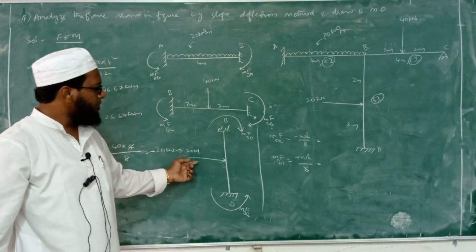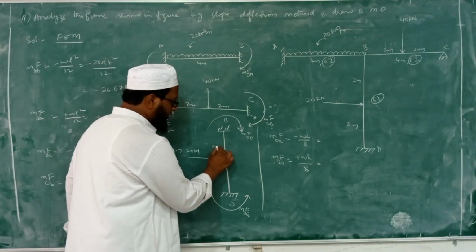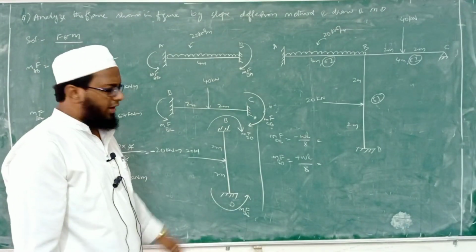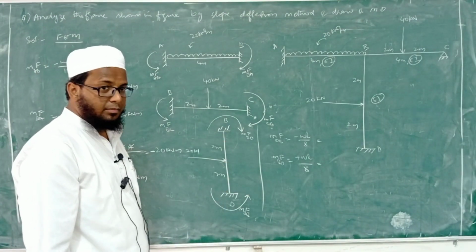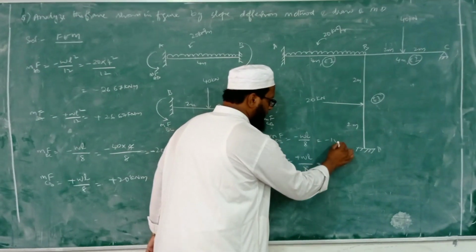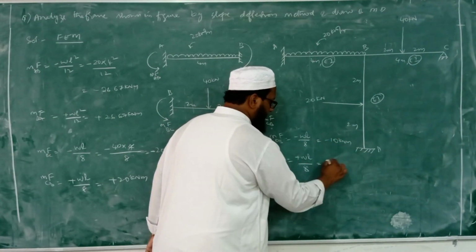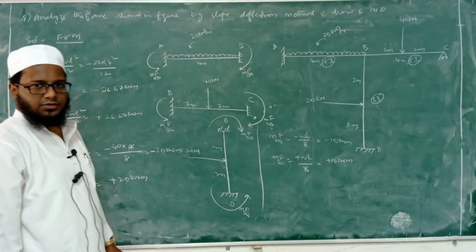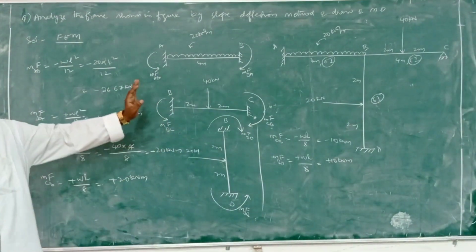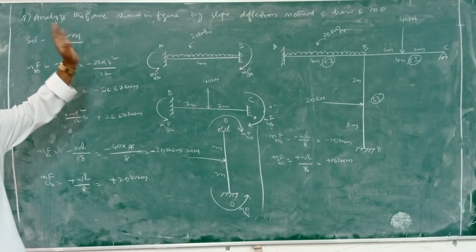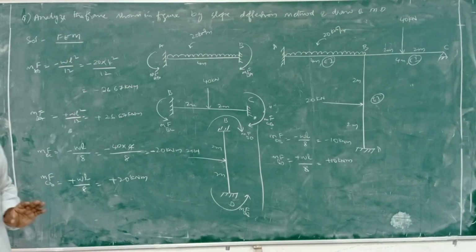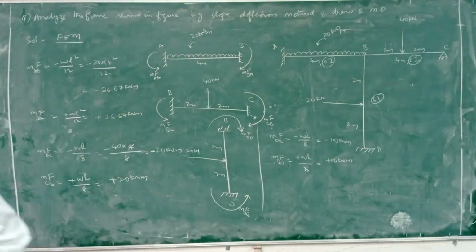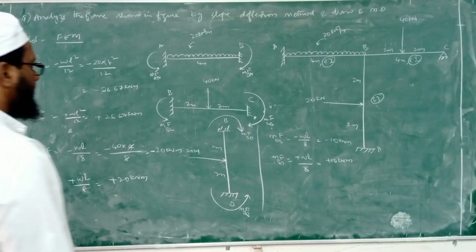W is 20, and the span is 2 meter, so 20 into 4 by 8, 80 by 8, minus 10 kilonewton meter and plus 10 kilonewton meter. So the first step, the fixed end moments, is completed. After that we'll go for the slope deflection equation. What is our slope deflection equation?